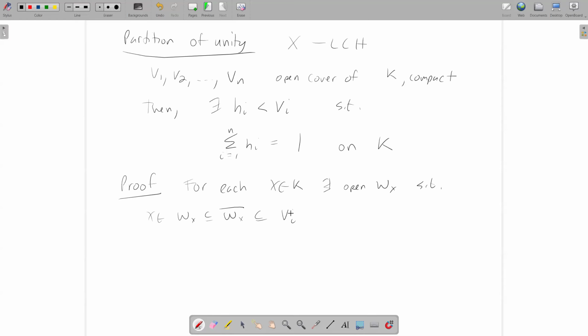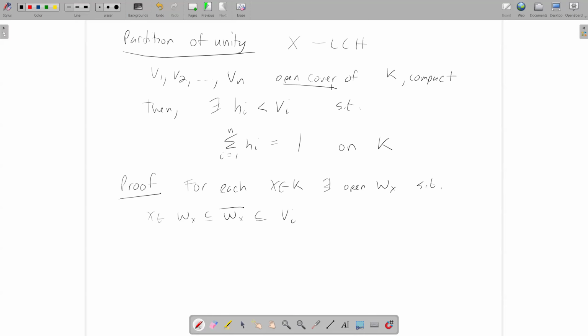So remember, the union of the Vi's contains K. That's what open cover means. So if x is in K, then it's in some Vi, and therefore there's some open Wx whose closure is contained in Vi. That's not obvious, by the way. The locally compact Hausdorff thing is playing a role here.